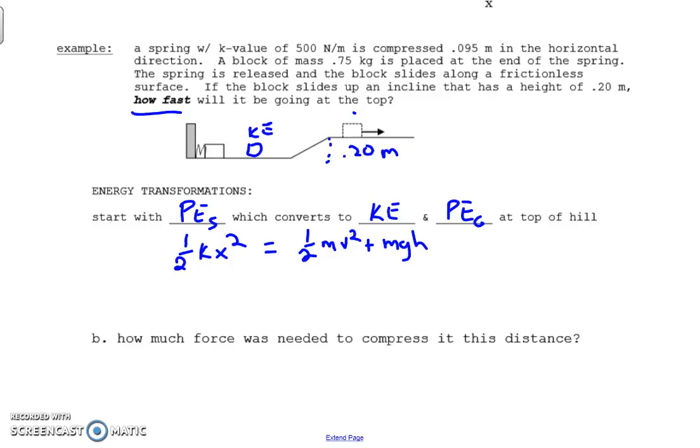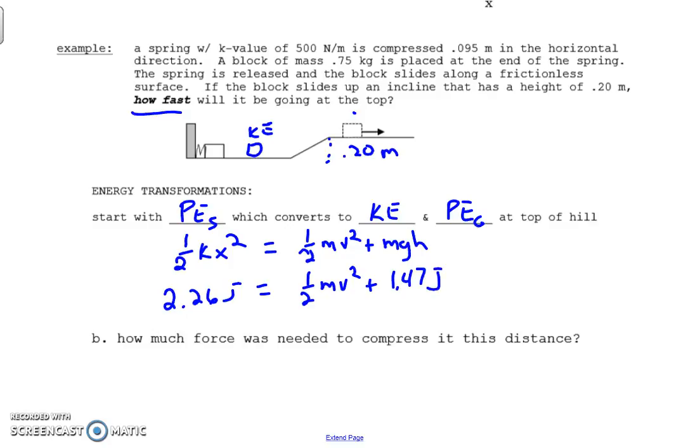So the amount of energy stored in there is 2.26 joules based on the information given. That's going to equal 1/2 mv squared plus 1.47 joules of potential.